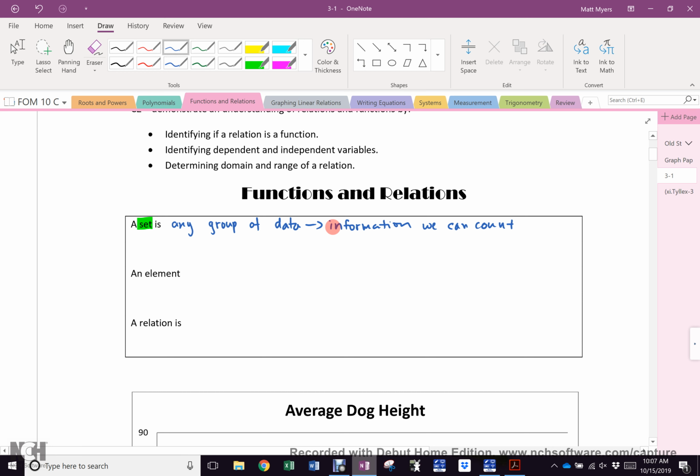Could there be a set of nothing? Yes. It's an interesting question. I like what Ron says. You can't count nothing. So could we have an empty set? Yes. Right now, is there anyone in this room that is a grandmother? No, there isn't.